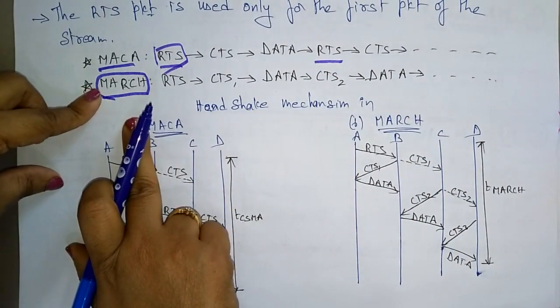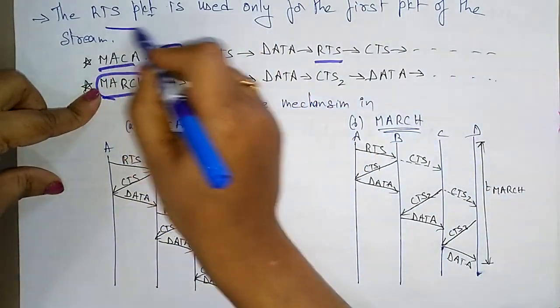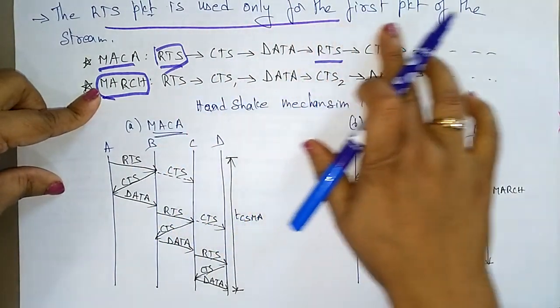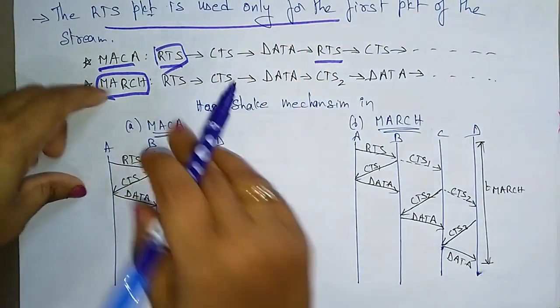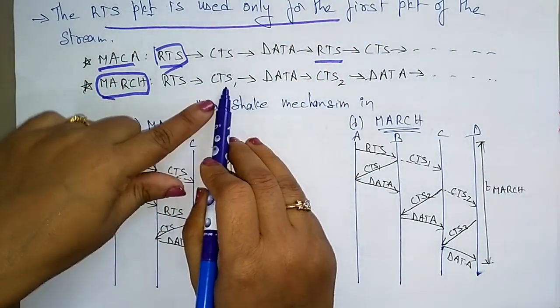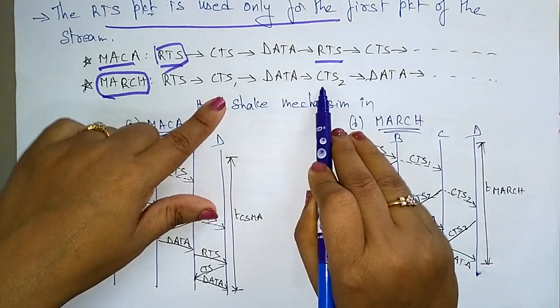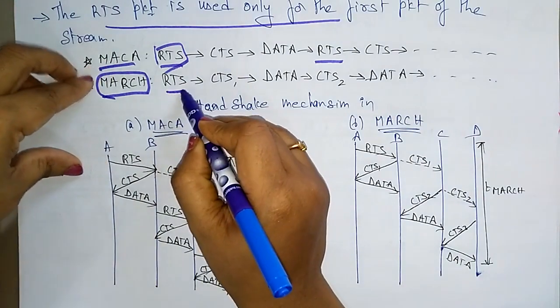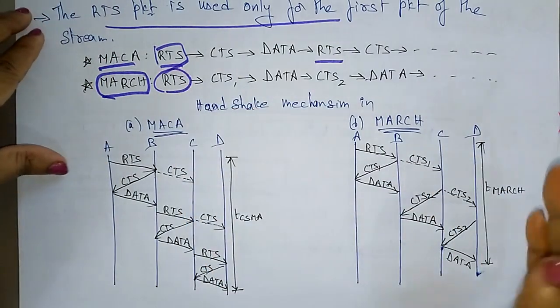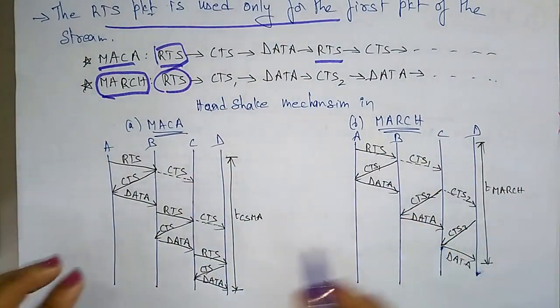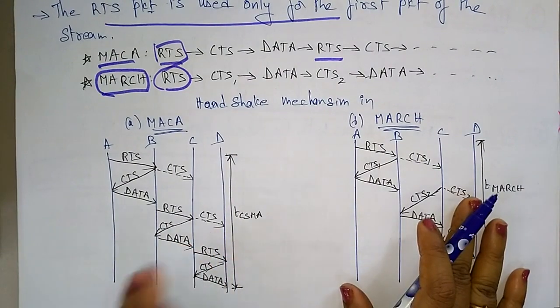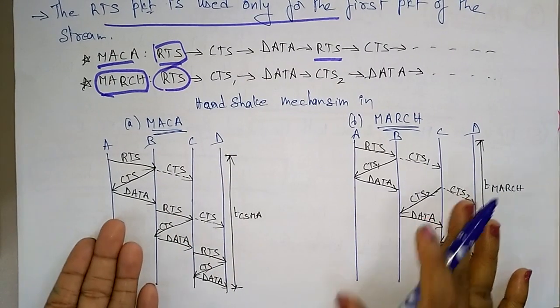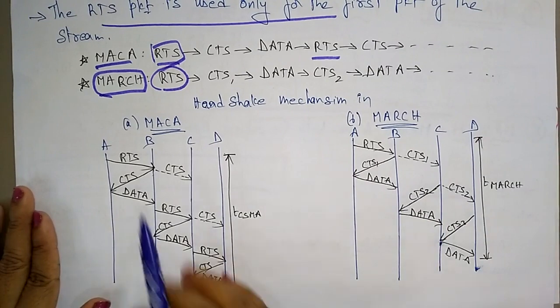But in MARCH, the RTS is used only for the first packet. See here: request to send, clear to send, data, next clear to send, data, next clear to send, data. See the difference here between the handshake mechanisms in MACA and MARCH.